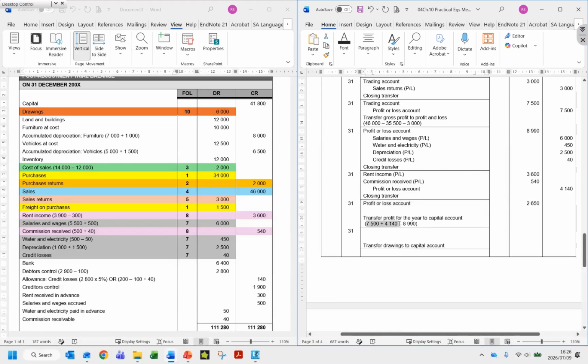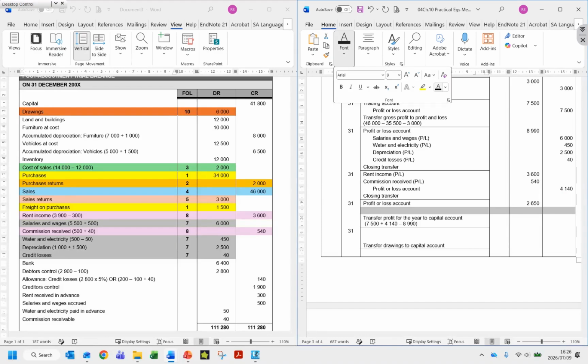It is the two credit amounts minus the one debit amount. That gives us a credit balance of 2,650 Rand. In order to close it off, we debit the profit or loss account and we transfer it to the capital account. So we credit capital with that profit for the year. Capital is an equity item, so it appears in the statement of changes in equity.